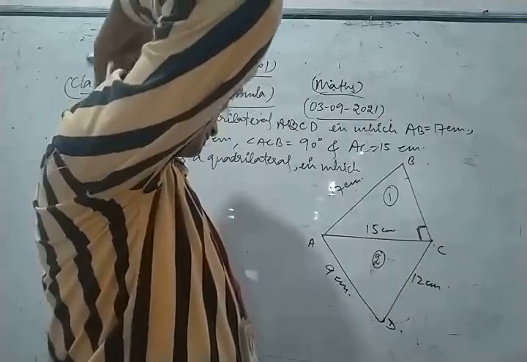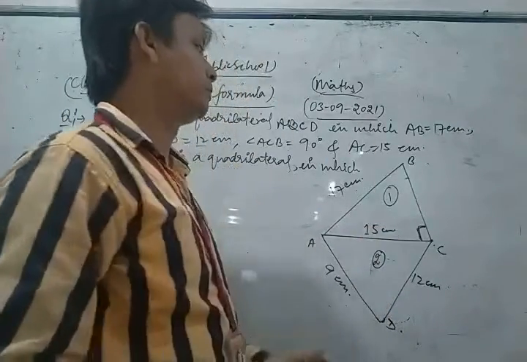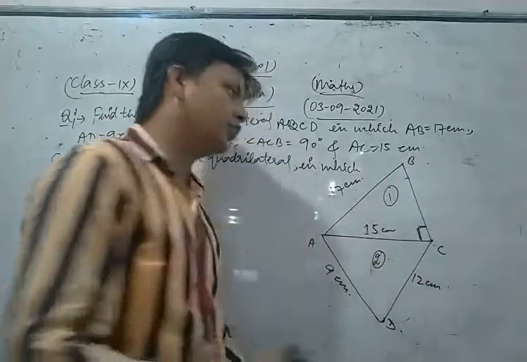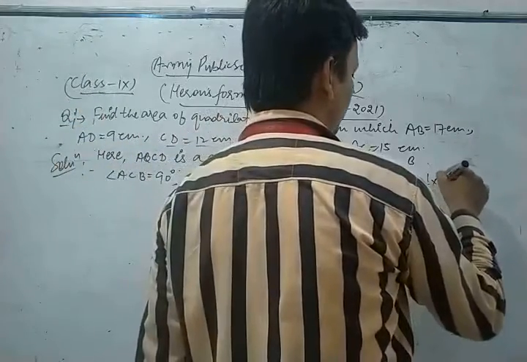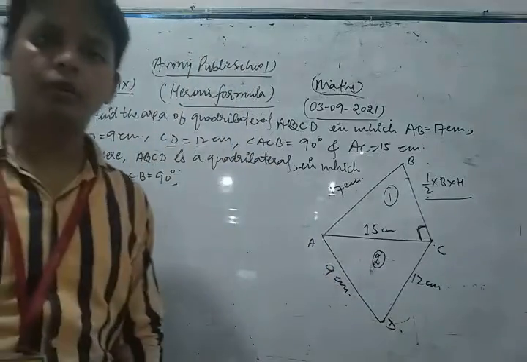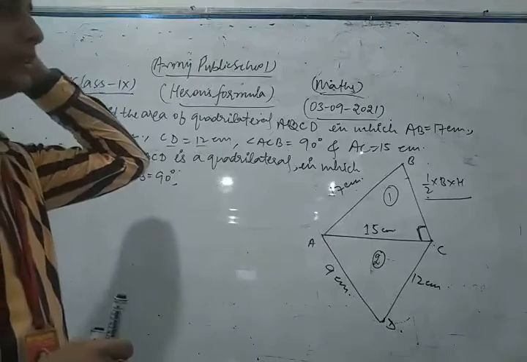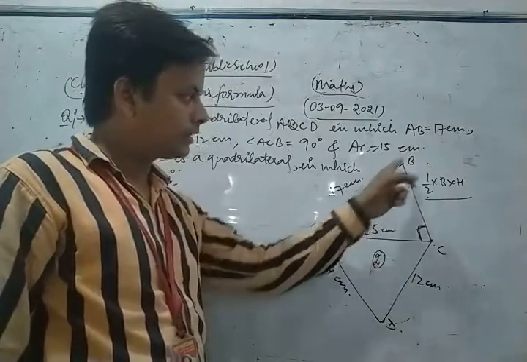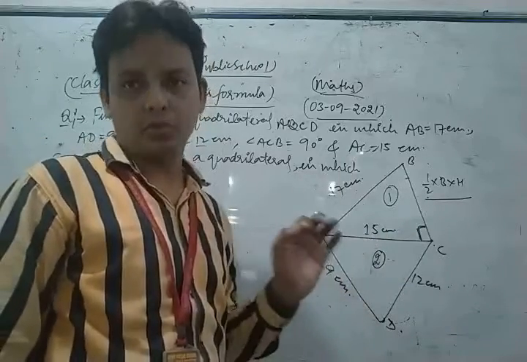After that, dear friends, we use another formula to find the area of triangle, 1/2 into base into height. This is also a very important formula. So here, dear students, in triangle ACB, we apply the formula 1/2 base into height.